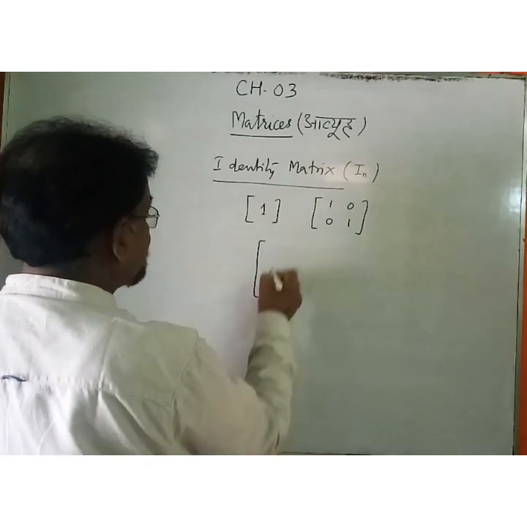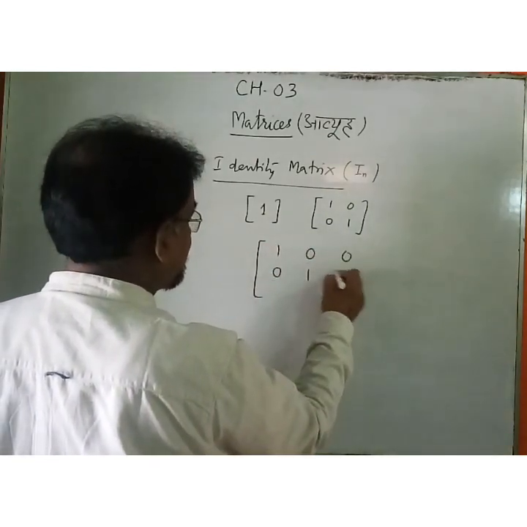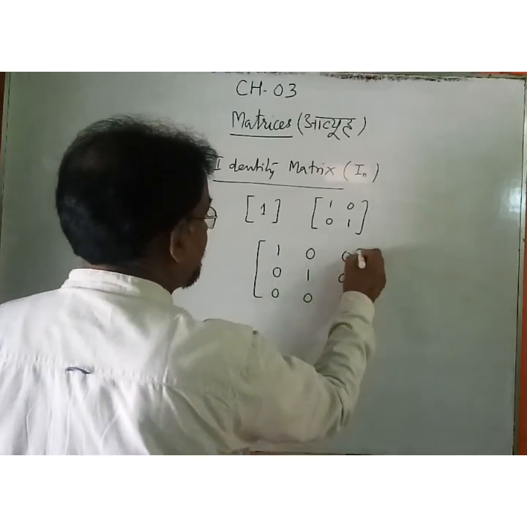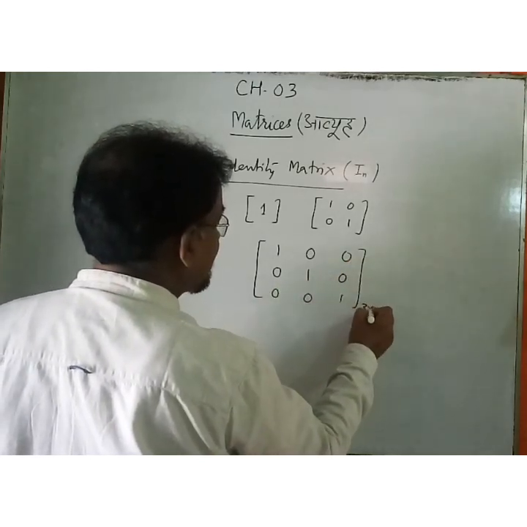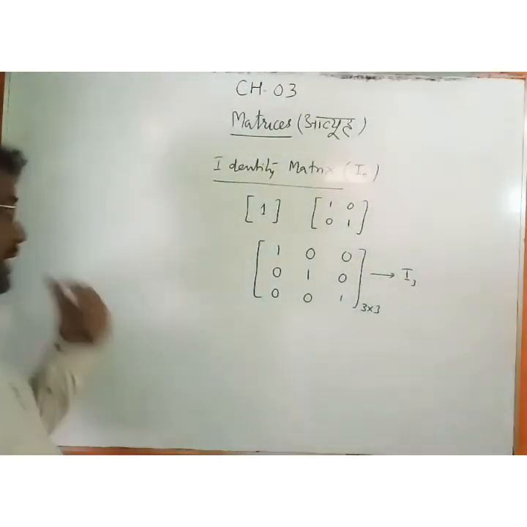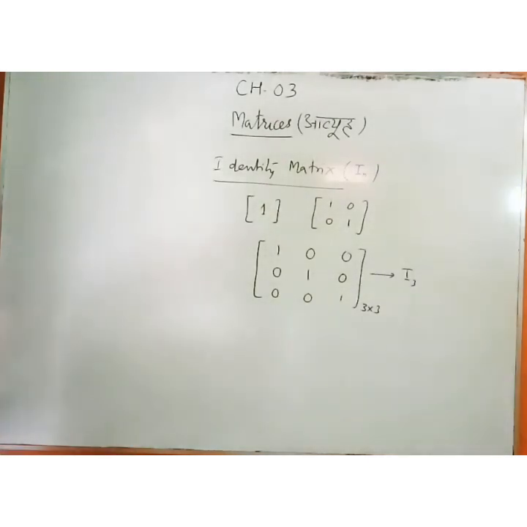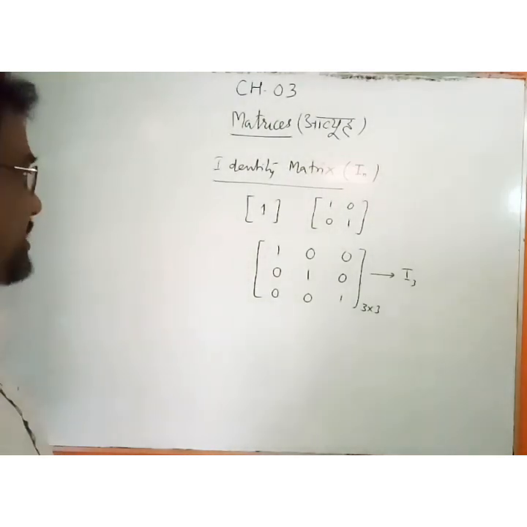If n is equal to 3, the identity matrix will be like this: 1 0 0, 0 1 0, 0 0 1. This is an identity matrix of order 3 by 3, and we will denote it by I3. So I1, I2, I3, similarly I4 and other higher order identity matrices, but our concern is up to 3 by 3 only. So this is called identity matrix.